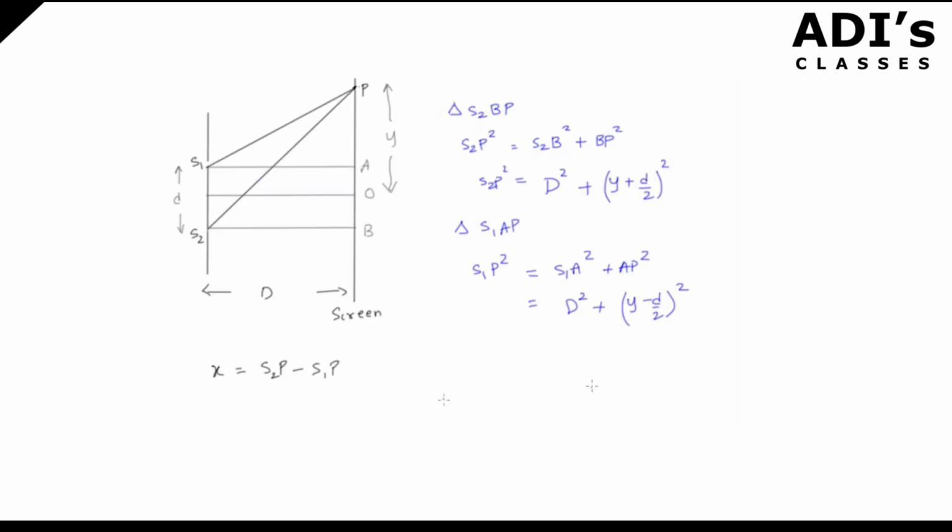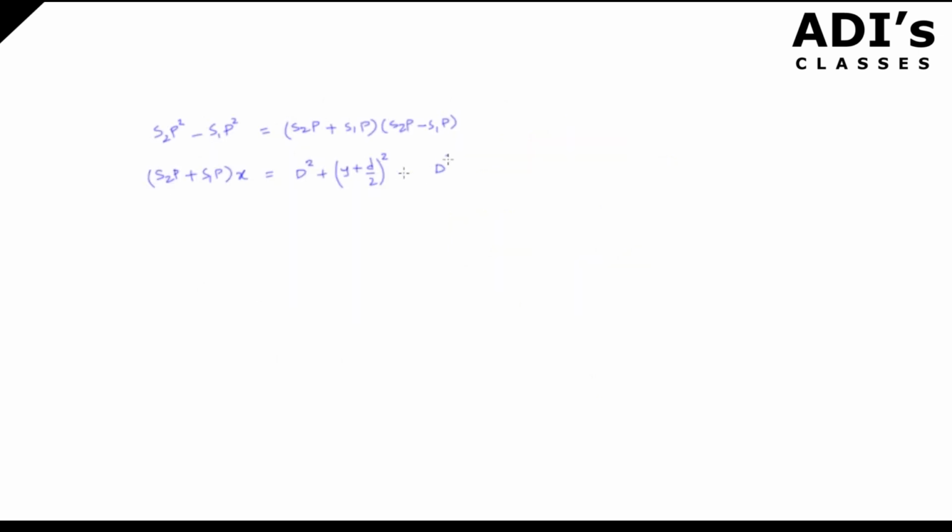For that we'll subtract these two. We are doing S2P square minus S1P square, because this is nothing but S2P plus S1P times S2P minus S1P. S2P minus S1P is nothing but x.